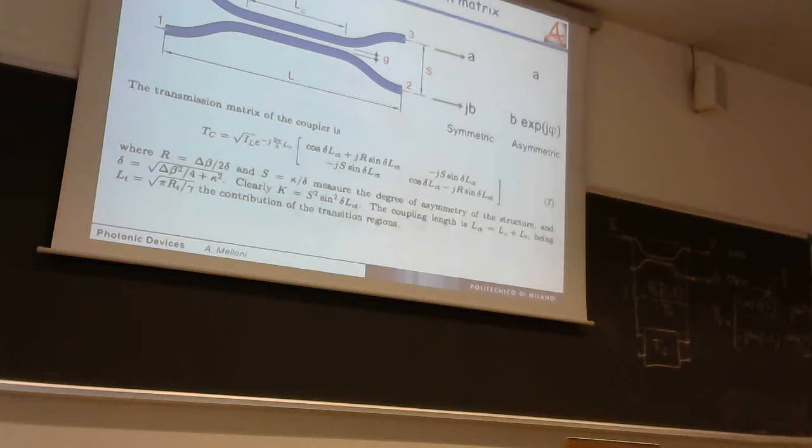Now, depending on your technology, on your waveguide, on your ability to put the two waveguides close to each other, you can decide the field coupling coefficient. And at that point, you can calculate the length of the coupler. This is the design of the directional coupler. Is it okay? Is it clear?